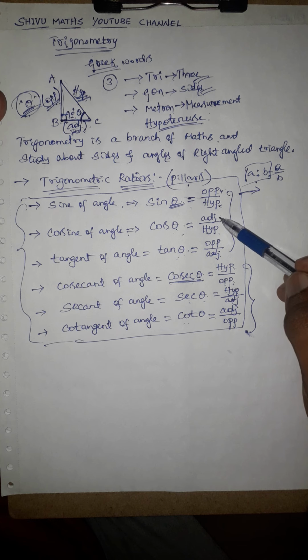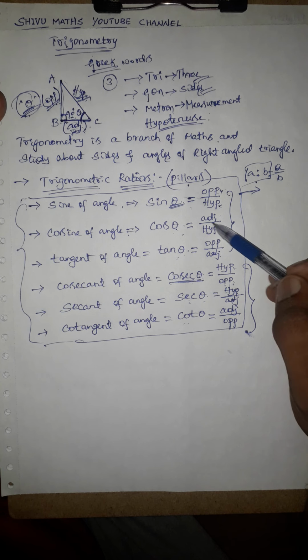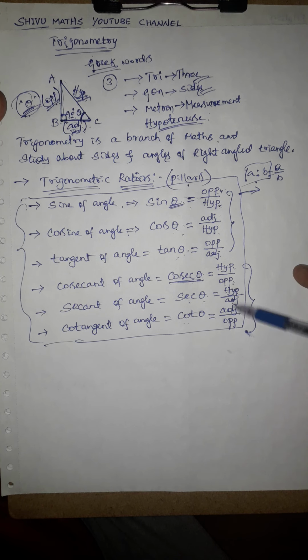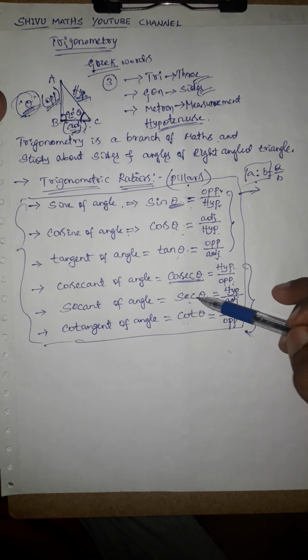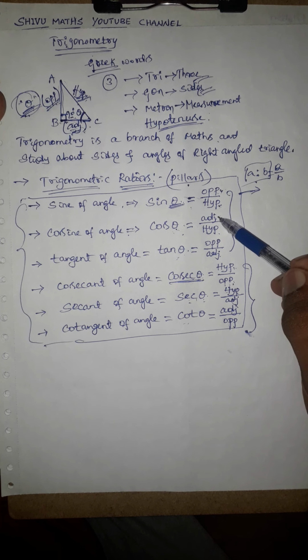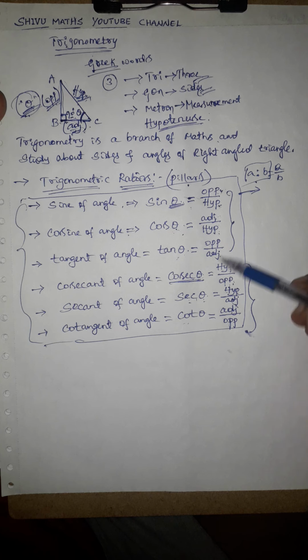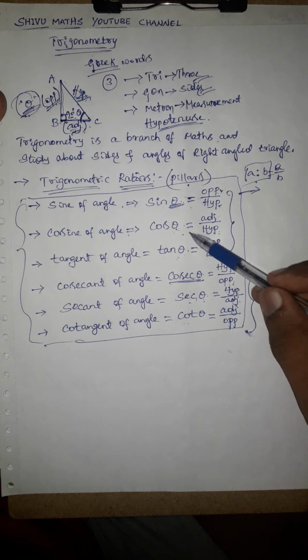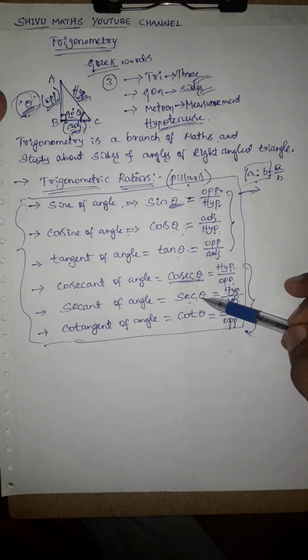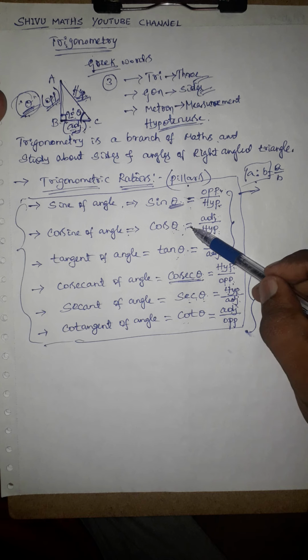Observe the second one in the first three and the second one in the next three. Cos theta, secant theta. In cos theta, adjacent by hypotenuse. In secant theta, hypotenuse by adjacent. That means it is a reciprocal. Cos theta is the reciprocal of secant theta, and secant theta is the reciprocal of cos theta.